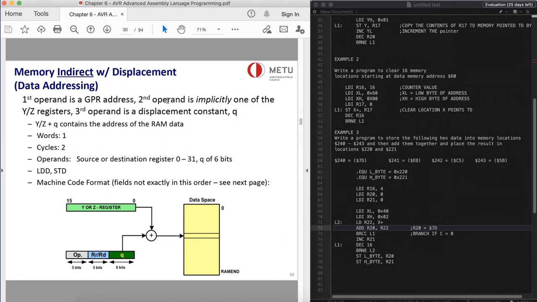So the second operand is implicitly one of the Y and Z registers, and the third operand is a displacement constant.